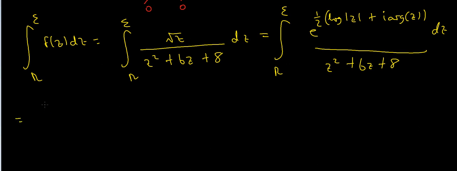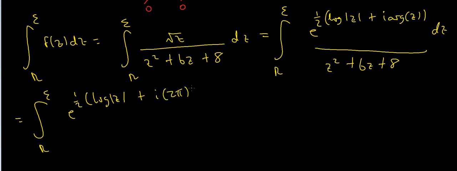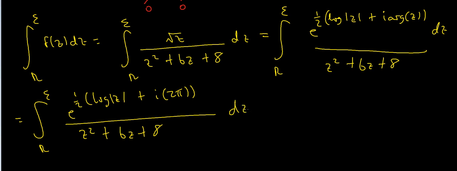So I'm going to end up with what? The integral from r to epsilon of e to the power 1/2 log of the modulus of z plus i arg z, but as we've just established, arg z in this case is 2 pi. So I've got i times 2 pi, all divided by z squared plus 6z plus 8 dz.